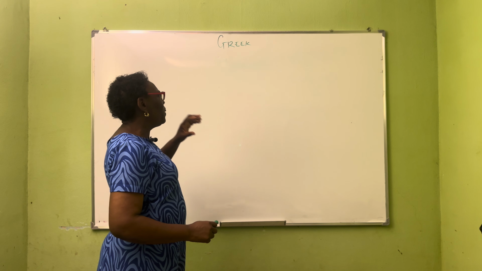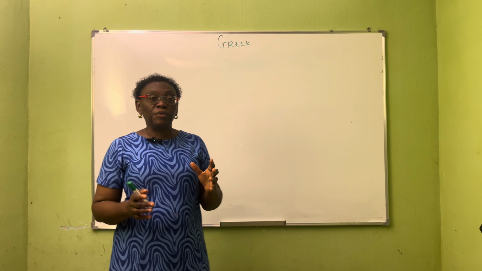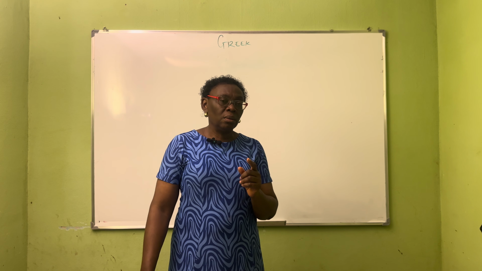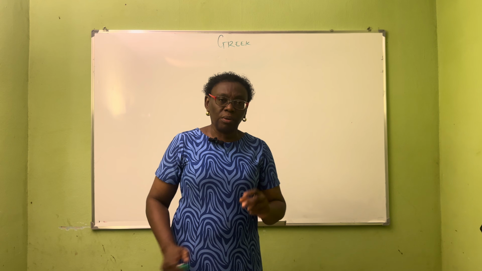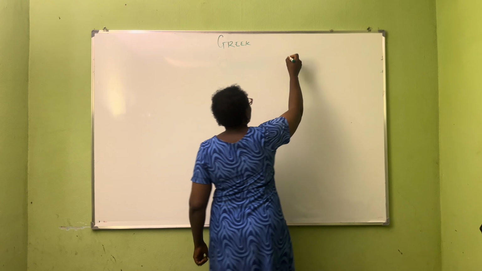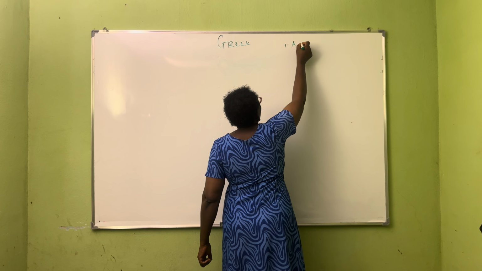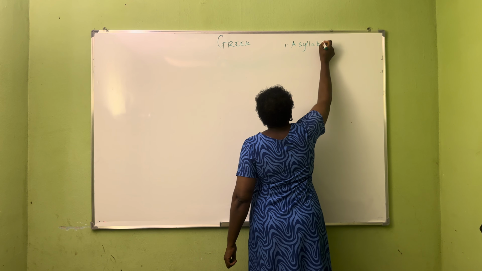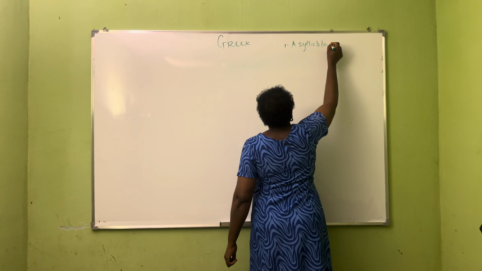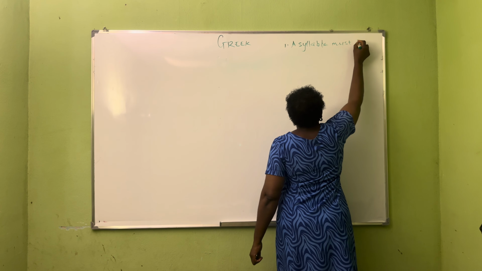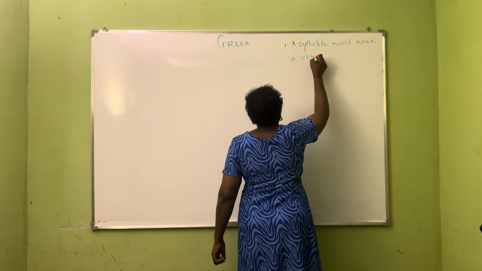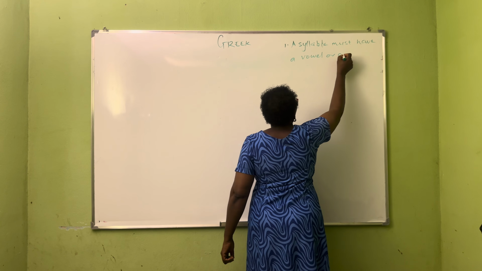For that reason, a basic principle in syllable division is that a syllable must consist of a vowel or a diphthong. I want you to take note of that principle. Number one, a syllable must have a vowel or a diphthong.